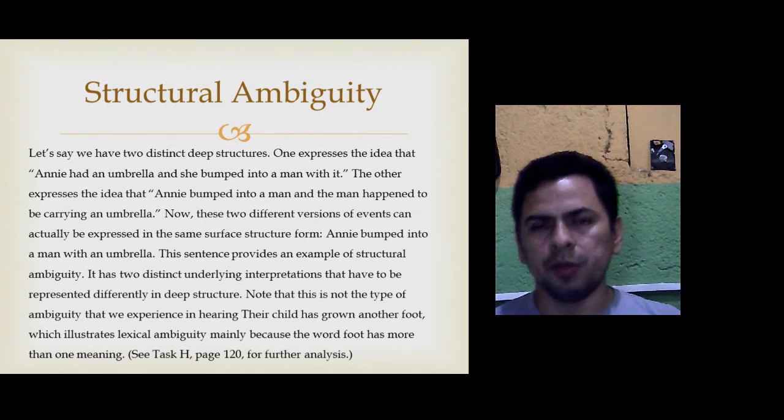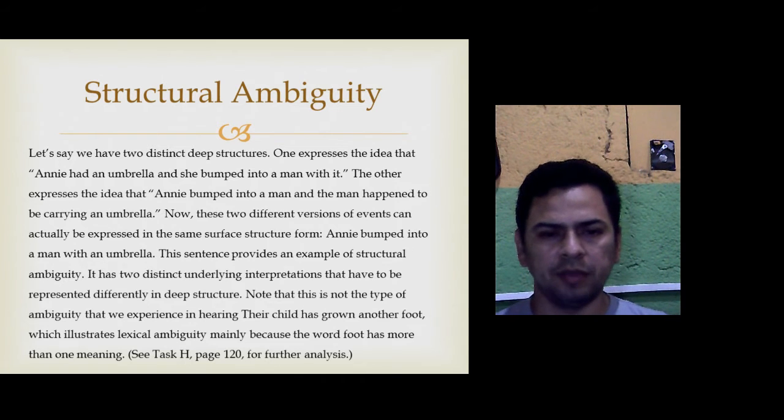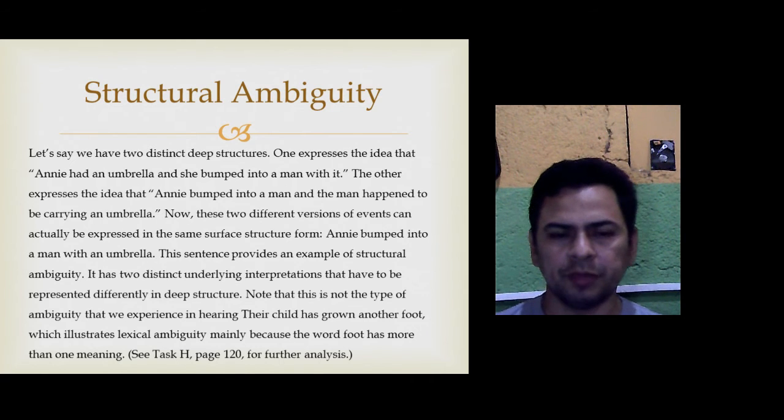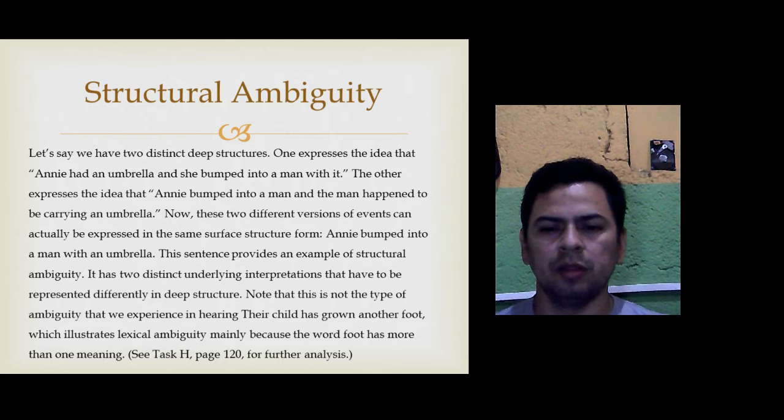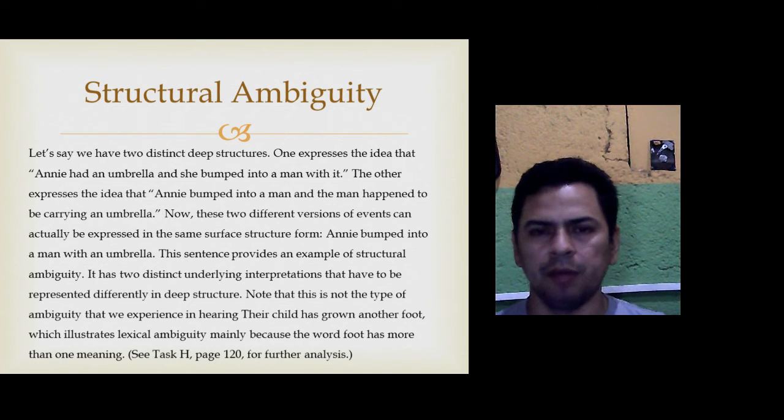Structural ambiguity. Let's say we have two distinctive structures. One expresses the idea that Annie had an umbrella and she bumped into a man with it. The other expresses the idea that Annie bumped into a man and the man happened to be carrying an umbrella.